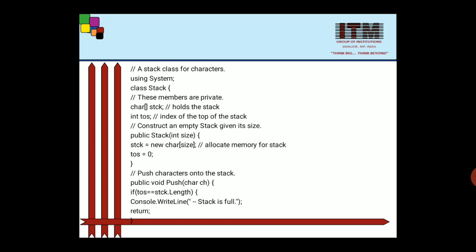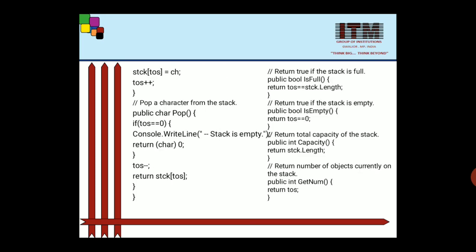The public push method puts the element onto the stack, as shown here. The element to be pushed onto the stack is passed in as a character. Before the element is added to the stack, a check is made to ensure that there is still room in the underlying array.